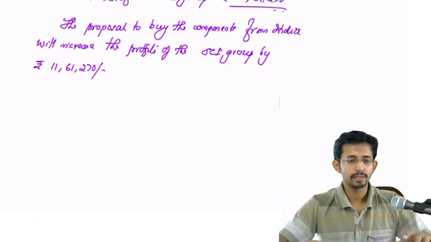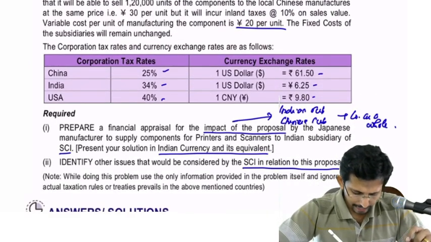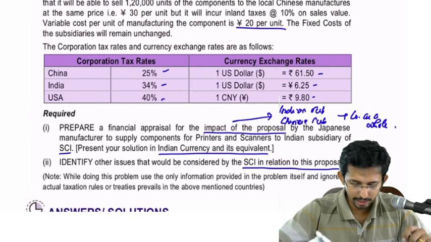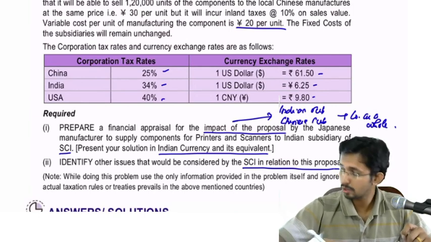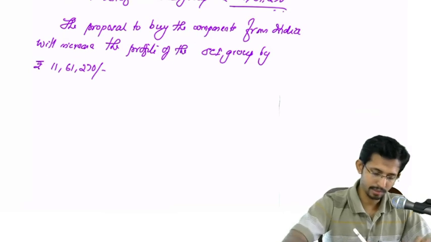Okay, fine. Now there is one more sub question. What is the next sub question? Identify other issues that would be considered by SCI in relation to this proposal. Okay, so other matters to be considered.